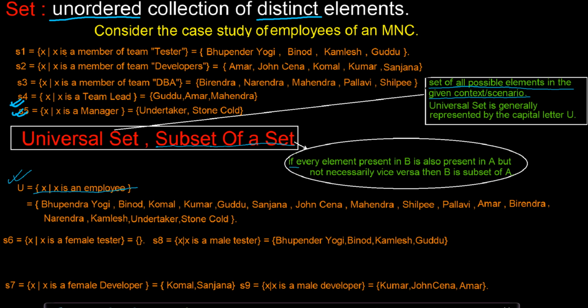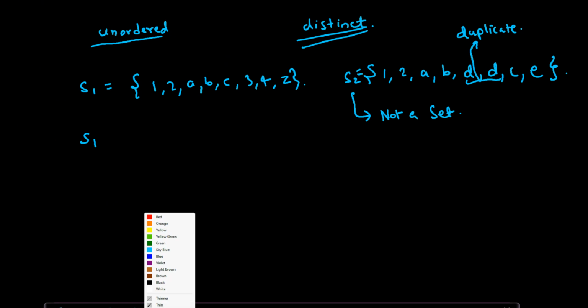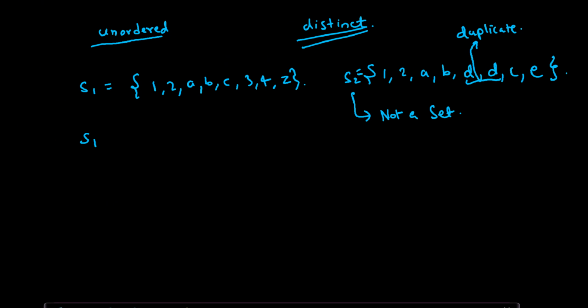If every element present in B is also present in A, but not necessarily vice versa, then B is a subset of A. Okay, what does it mean? Let us say that there is a set A which is 1, 2, 3.